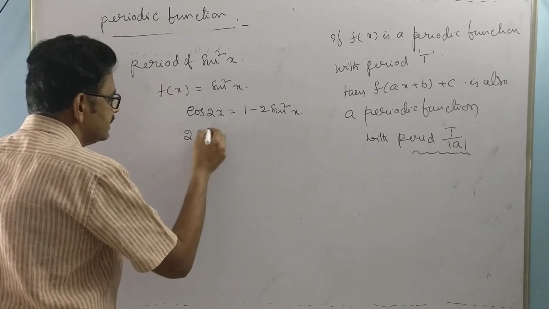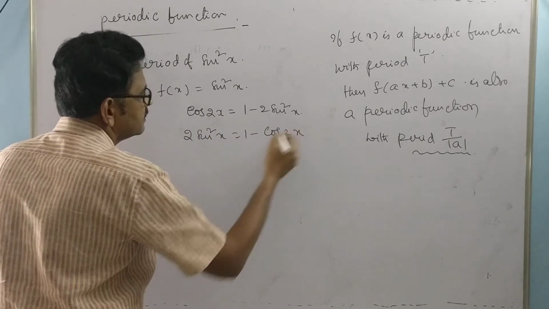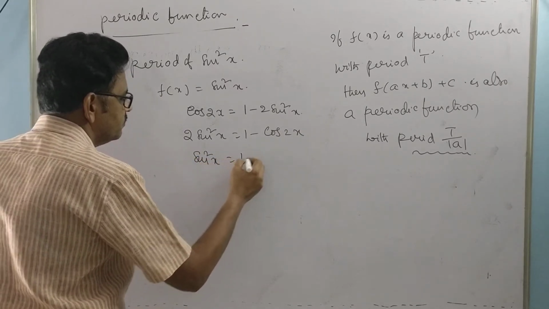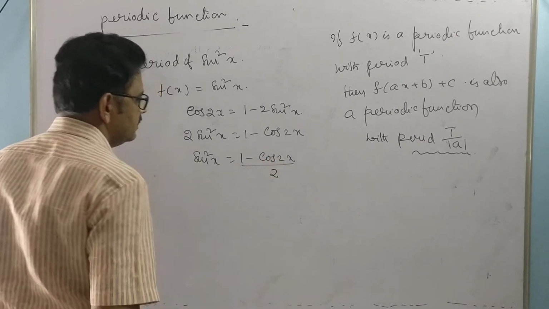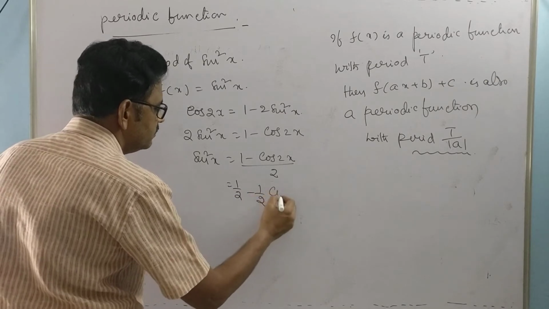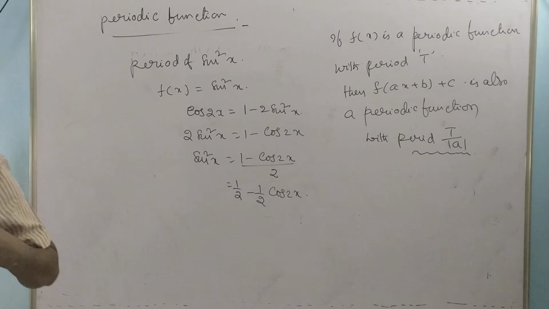So 2 sin square x is equal to 1 minus cos 2x. Sin square x is equal to (1 minus cos 2x) by 2, which is equal to 1 by 2 minus 1 by 2 cos 2x.